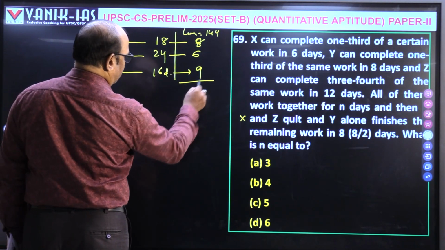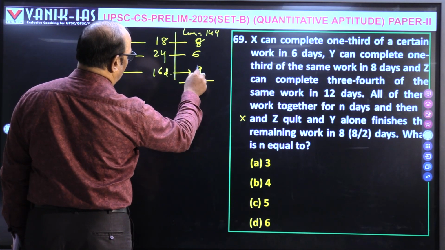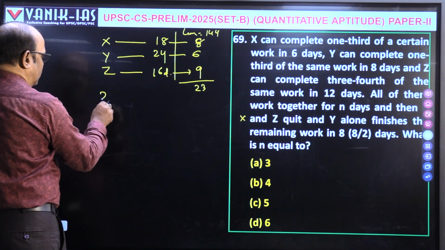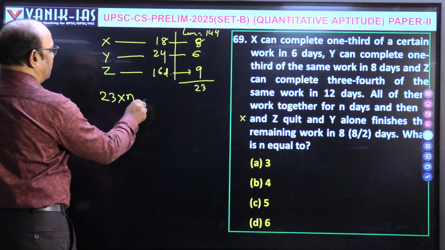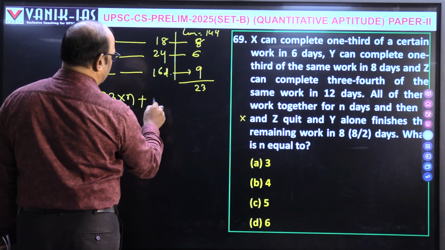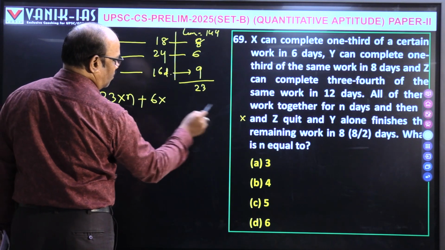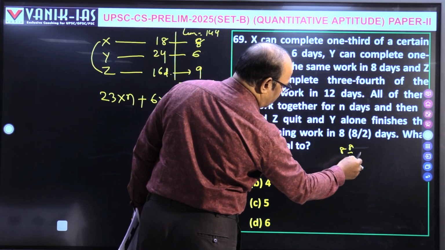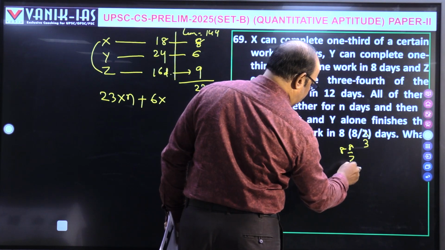So all work for n days. What is the sum of this? Every day, every person will do 8 plus 6, 14, 14 plus 9, 23. Suppose 23 work per day doing n days. Plus X and Z quit and Y does 6 work per day and completes the work, so 6 into 8 whole 2 by 3.